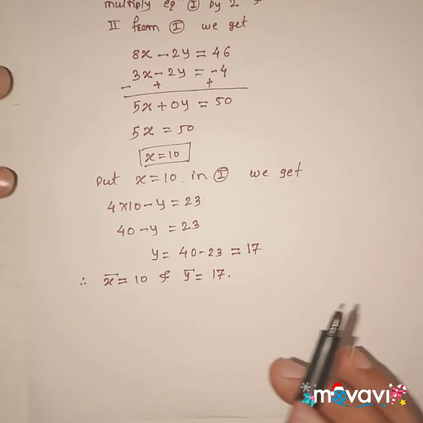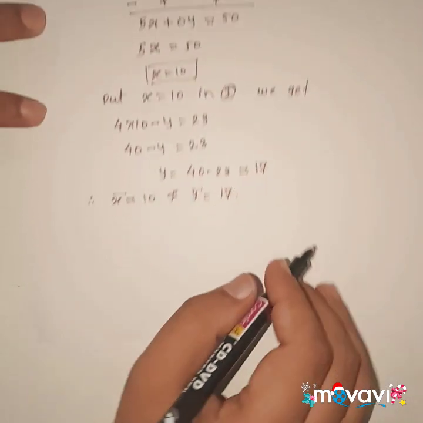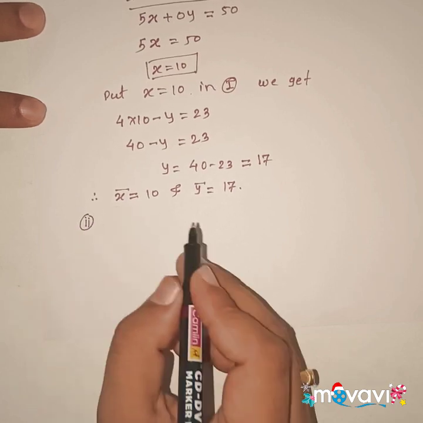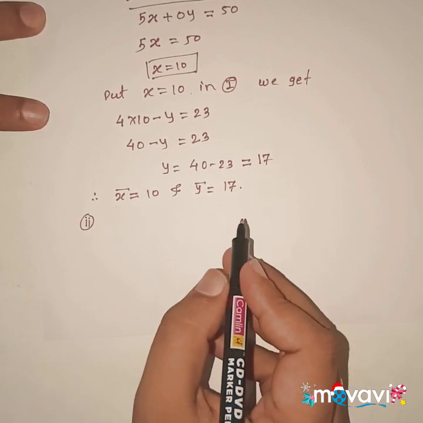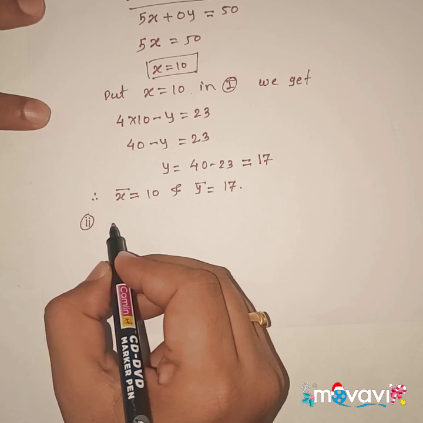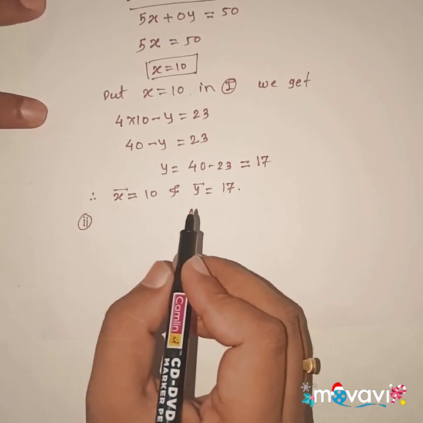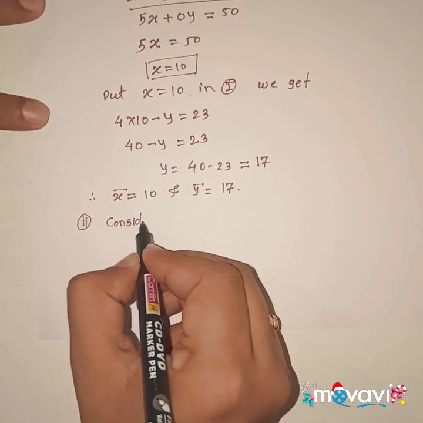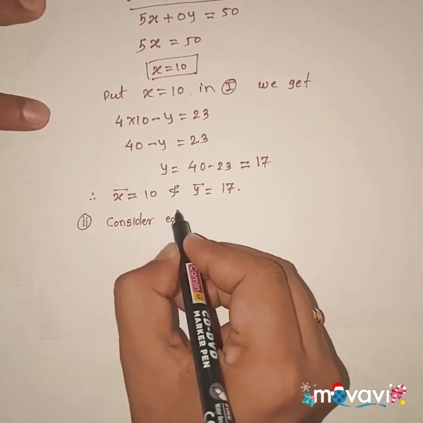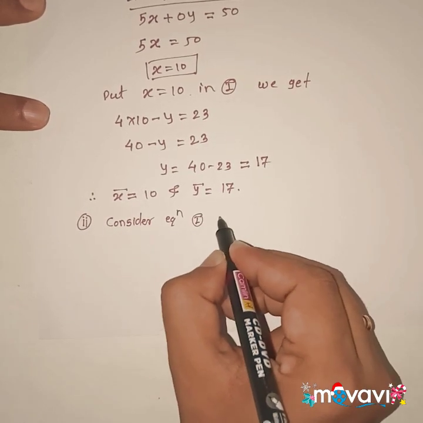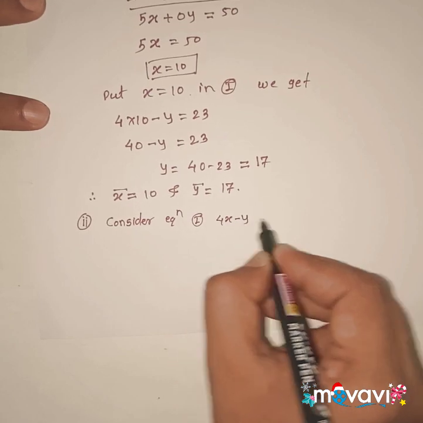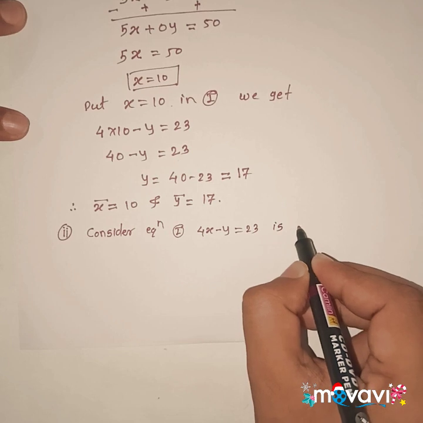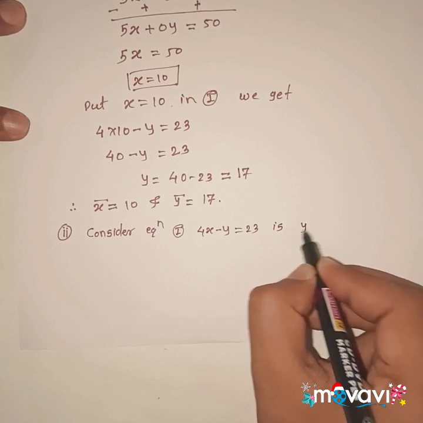Then the second subquestion, for coefficient of correlation r, we solve this problem by the trial and error method. First consider equation 1, which is 4x minus y is equal to 23, as the regression equation y on x.